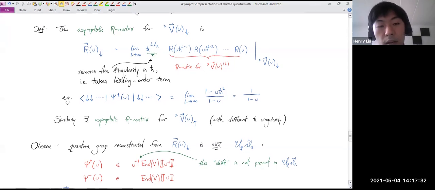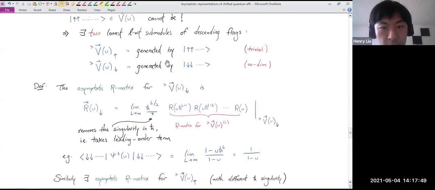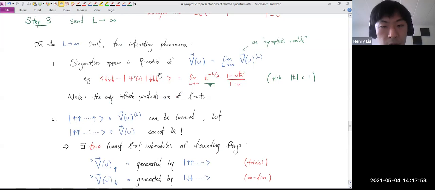The alternate way of stating this is we'll take the leading order term as L goes to infinity of the R matrix that you want. So if we look back at the R matrix, in the case of this particular vector, we see that the singularity looks like H bar to the minus L over 2.